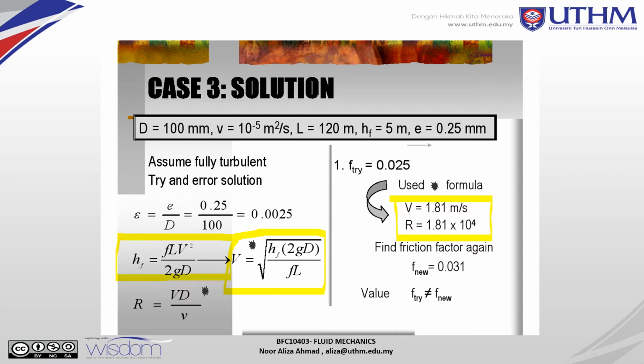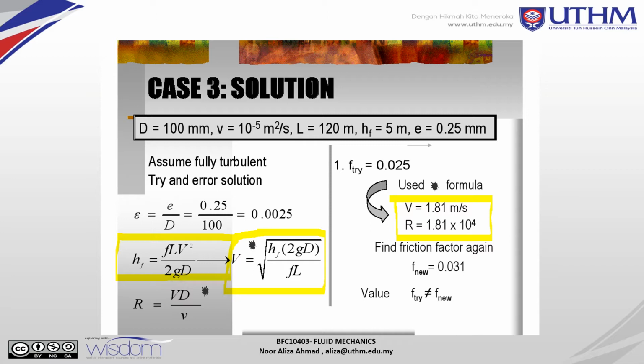And the Reynolds number is velocity times D over the viscosity.